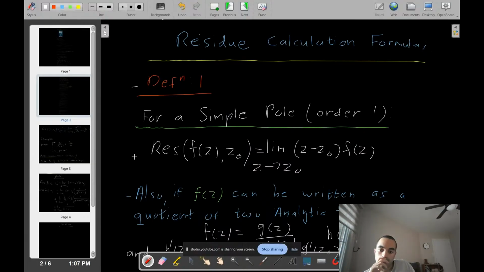So for a simple pole of order 1, this is a very, very important formula. I'm highlighting this. This is easier to understand than the other stuff I was talking about. The residue of f of z, comma z0, is equal to the limit as z approaches z0 of (z minus z0) times f of z.